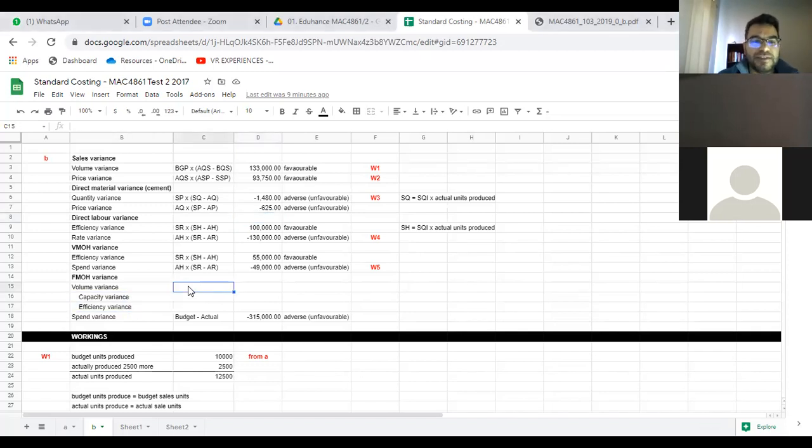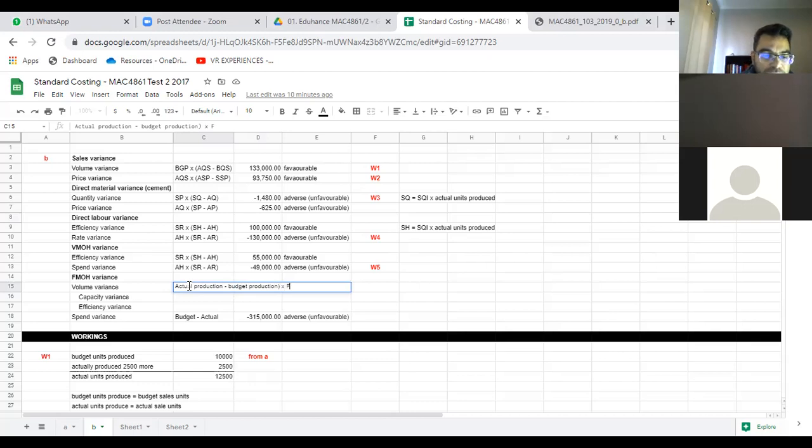So remember what the volume variance is. You can use this formula: actual production minus budget production multiplied by fixed overhead applied per unit. So I'm just going to cut it out quickly, Control X, and plug it in over there.